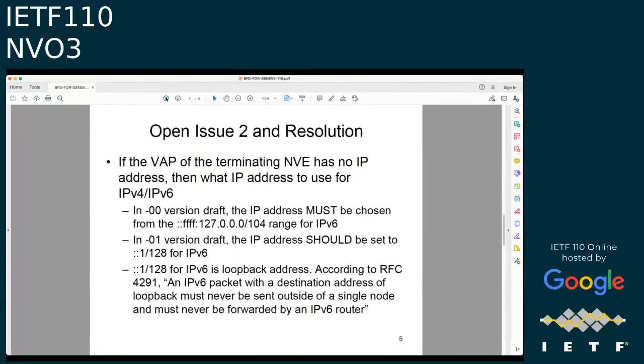So the destination host or NVE, whichever is processing these BFD frames, needs to open a UDP socket for 127 address. Is that right? Yeah, I think so.